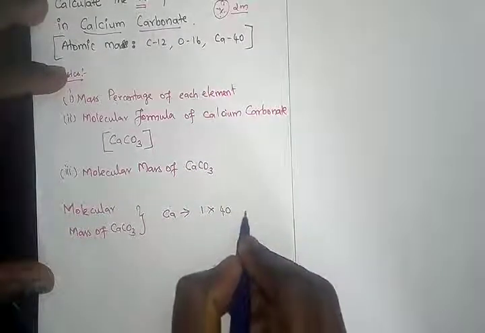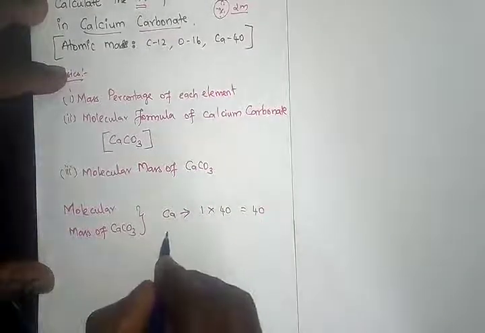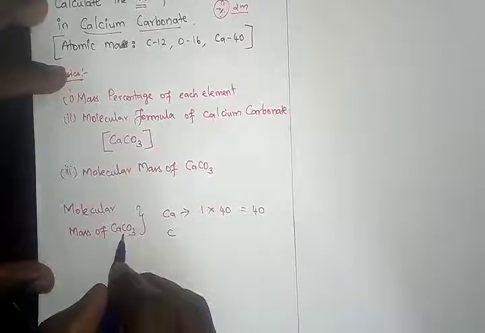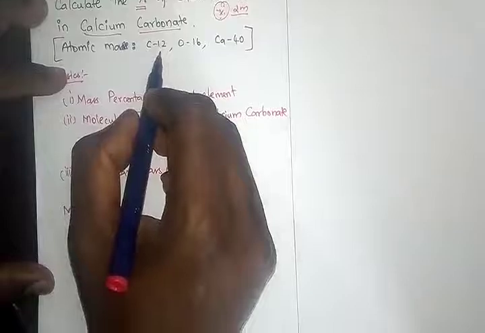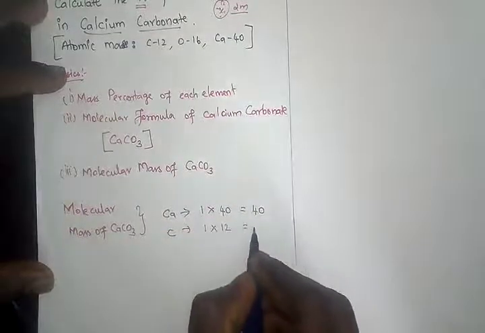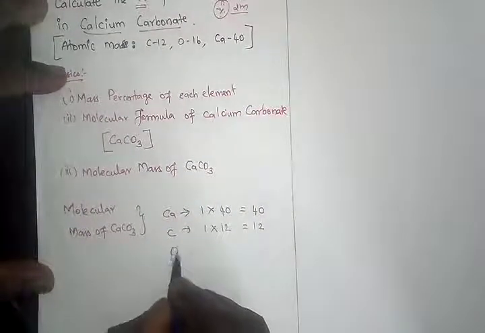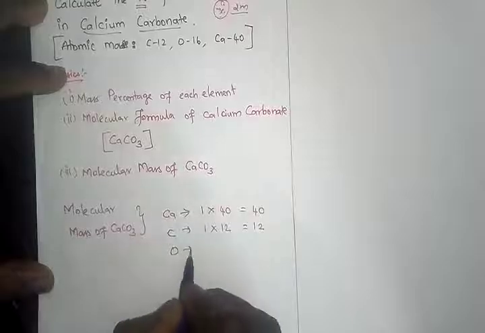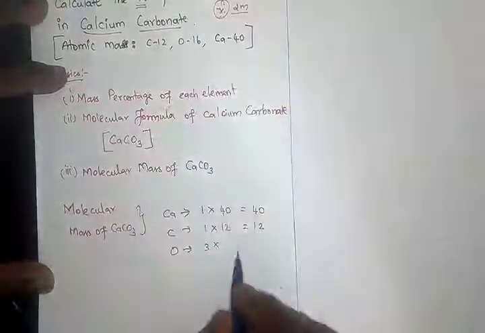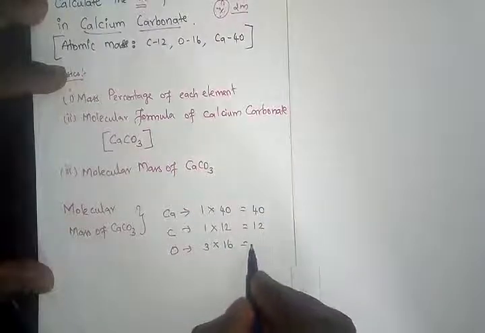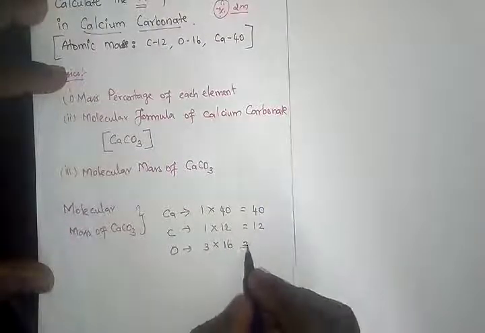So 40 is equal to 40. Next we will go for carbon. How many carbon we have? Only 1. So 1 into the carbon atomic mass is 12. So the answer is 12. Then oxygen. How many oxygen we have? 3 oxygen into atomic mass 16. So the answer is 3 into 16.